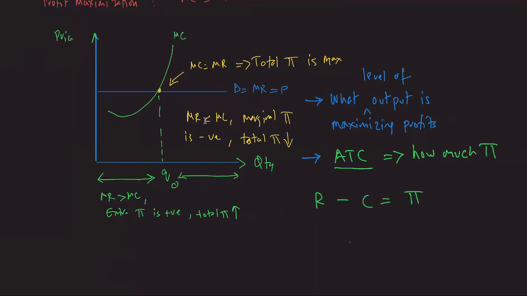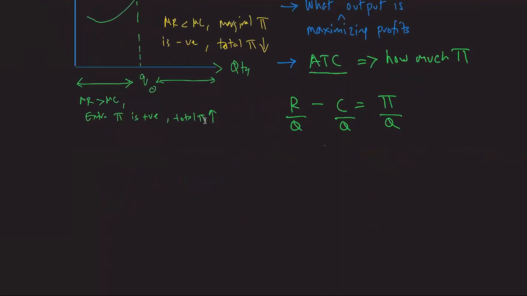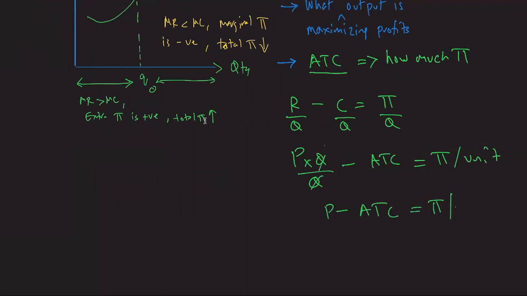Or in other words, if I divide this by Q, I can say P, revenue is P times Q over Q, minus C over Q is ATC, is equal to profit per unit. So your price minus ATC is your profit per unit.